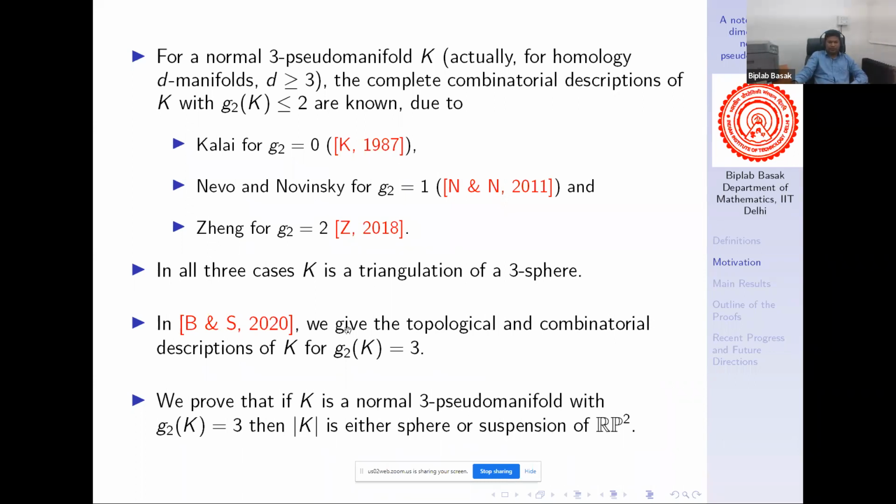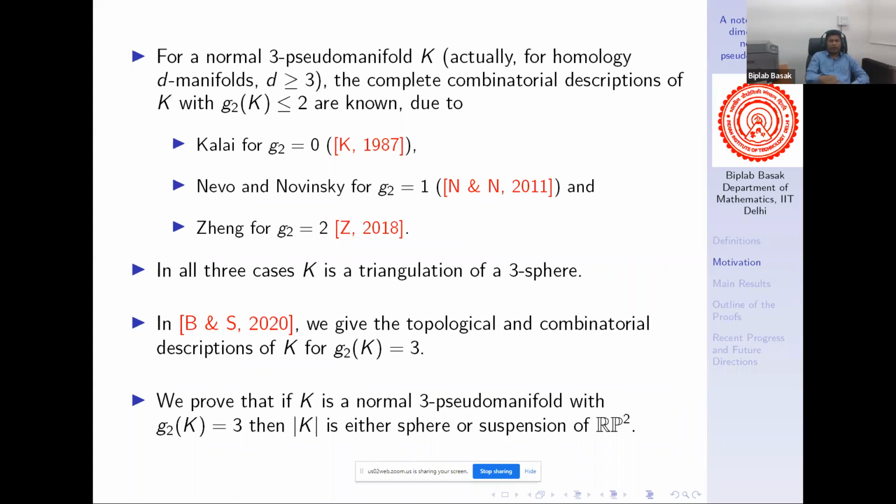And then Zheng proved that if G2 equals 2 and K is a normal three pseudomanifold, then this K will be obtained from the boundary of a four simplex by some combinatorial operations.